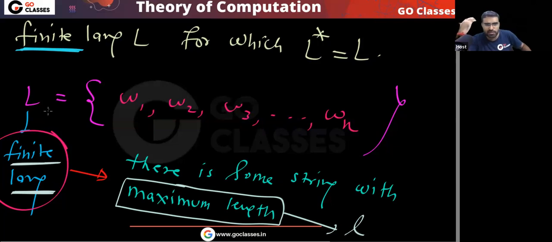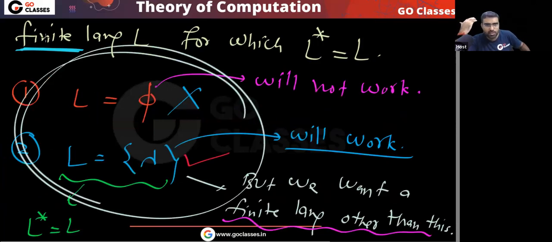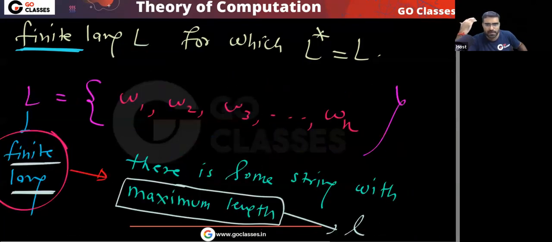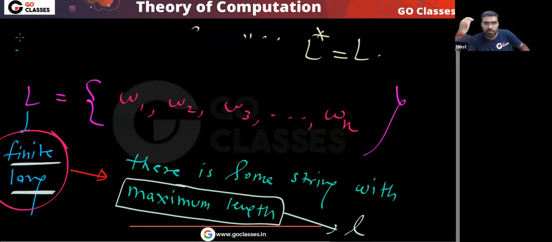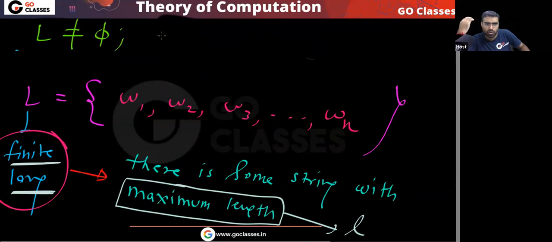This L is not phi, and this L is not the other language either. So what can you say about L? Remember, L is not phi. Also, L is not this.